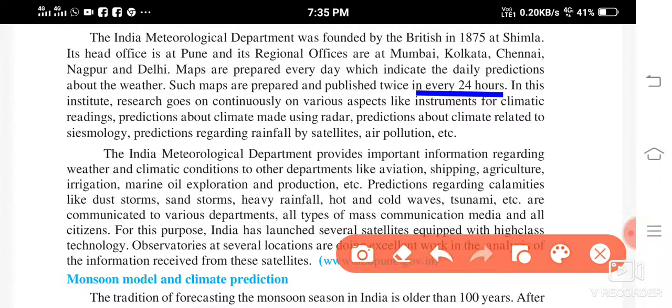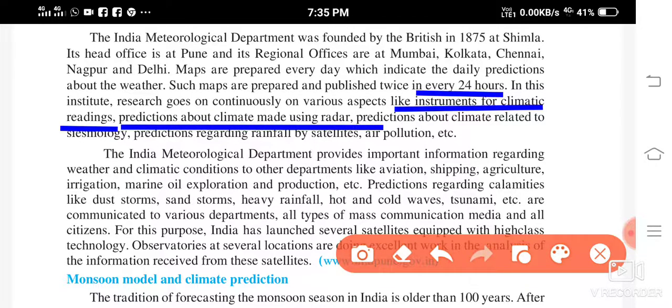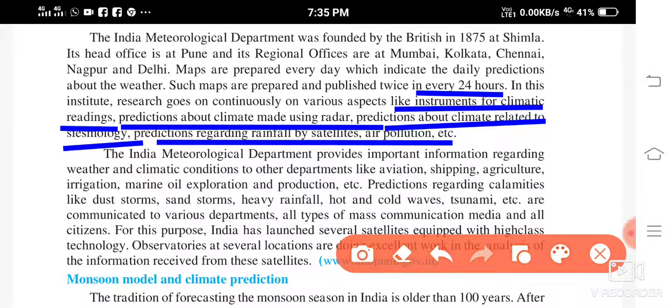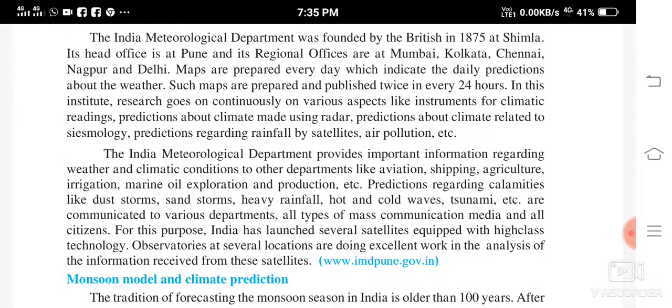In this institute, research goes on continuously on various aspects like instruments for climatic readings, predictions about the climate made using radar, predictions about climate related to seismology, predictions regarding rainfall by satellites, air pollution, etc.